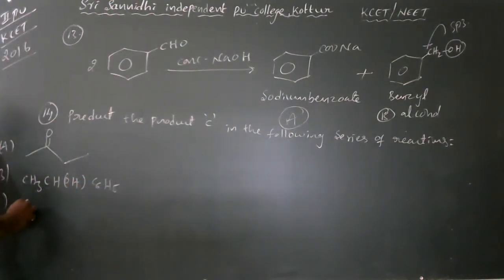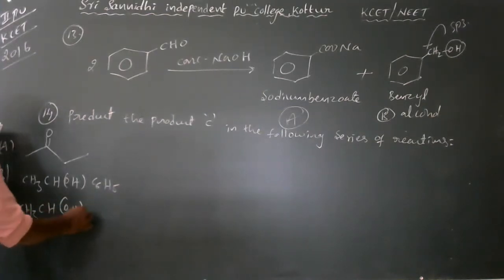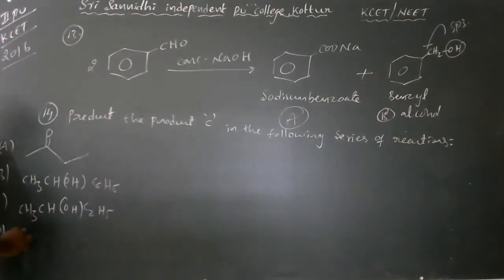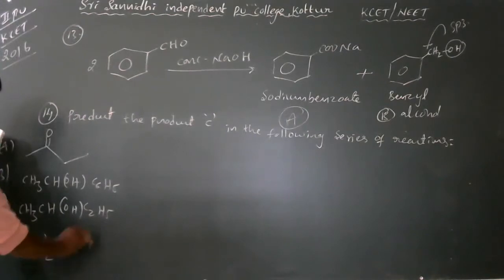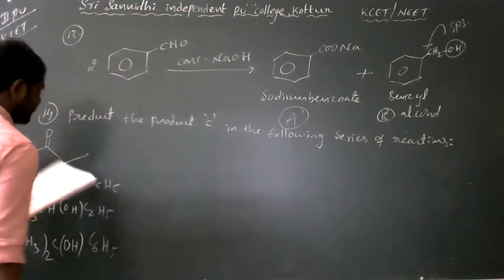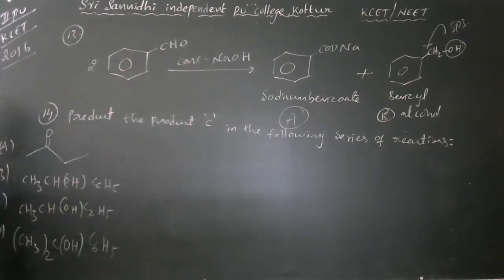Option C is CH3CHOHC2H5. Option D is (CH3)2COHC6H5. Right. And what is that? Out of the four products, which product is formed?